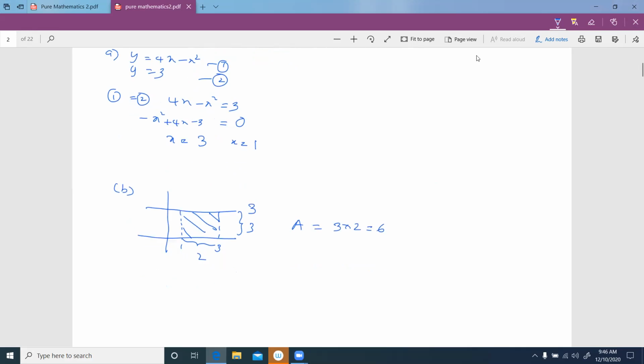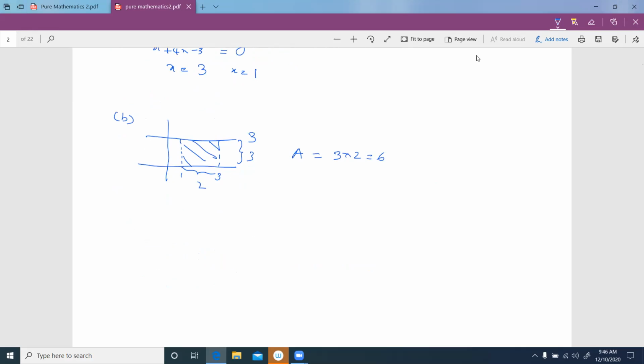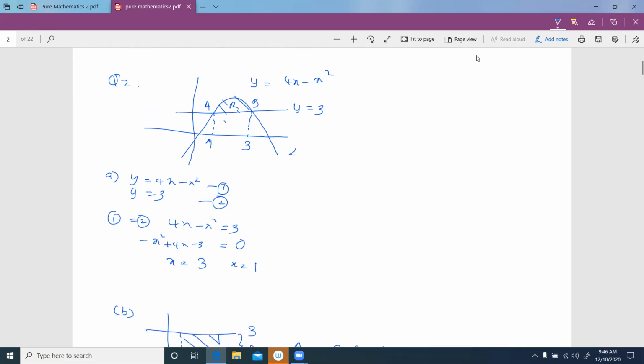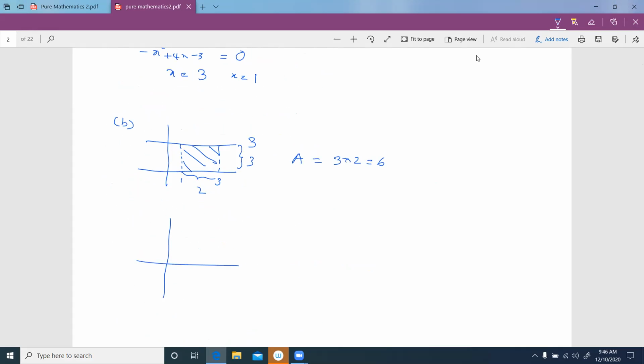Then the second graph is just like this. This is the important point you need to understand. The graph was somewhere like this. My handwriting is not that accurate.